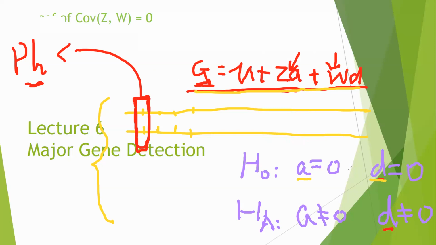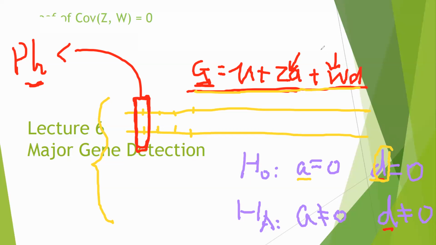Both effects are additive, linear effects. Don't confuse this additive dominance effect with the dominance deviation. Those are two different concepts. Is that clear?